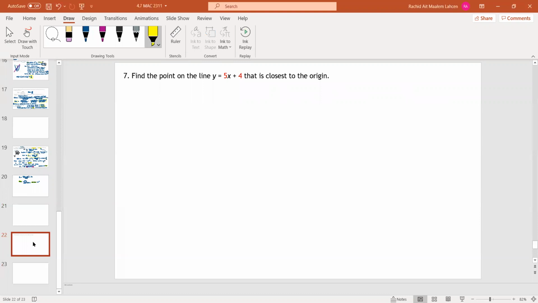For this last problem here, find the point on the line that is closest to the origin. This actually has a nice trick that may not be shown in the book or somewhere. So let's talk about this as a last example.